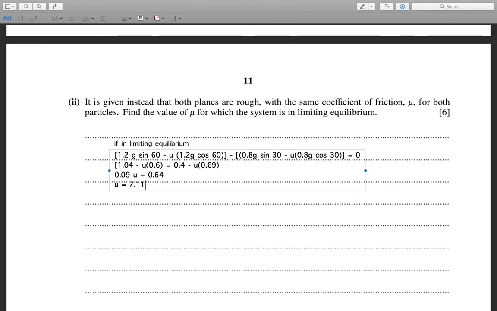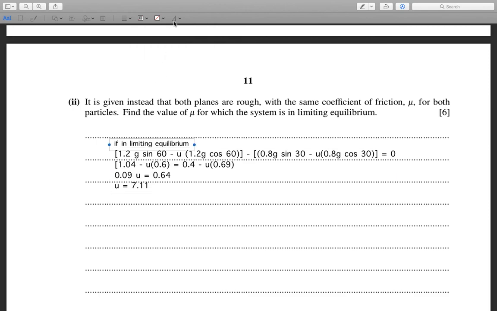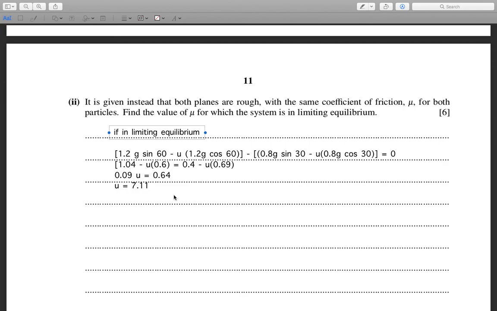We get this answer from the frictional force: in limiting equilibrium, mu is around 7.11.